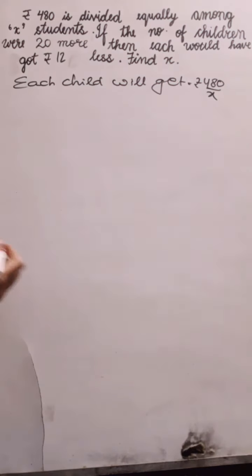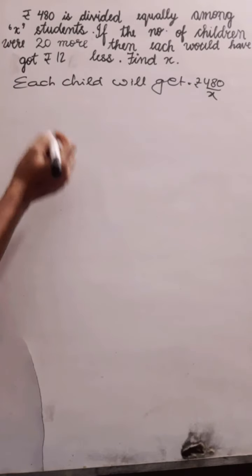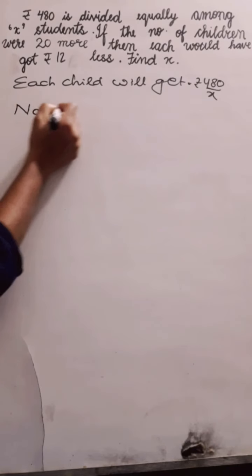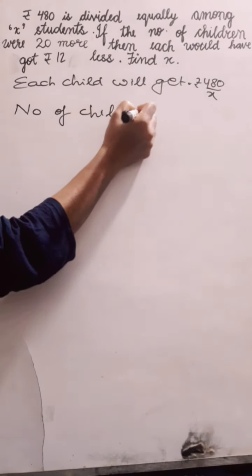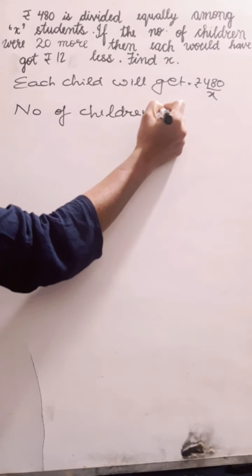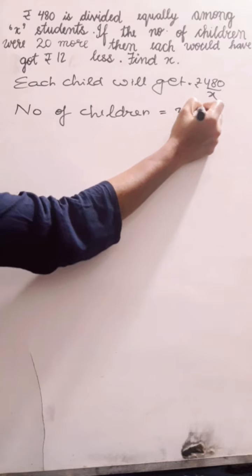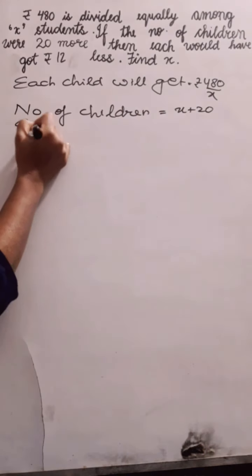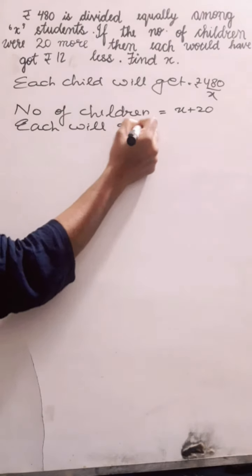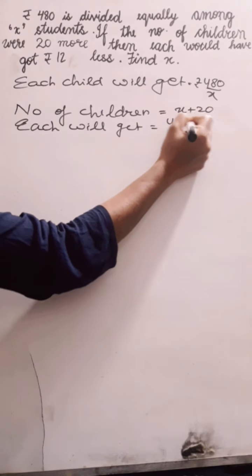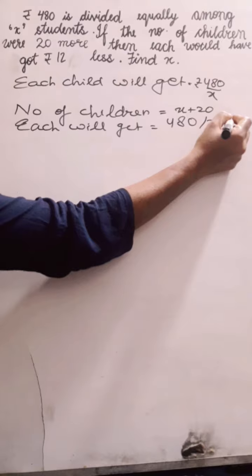Now it is saying if the number of children are 20 more, then each would have got rupees 12. If the number of children are 20 more, means now the number of children are x plus 20. So each will get 480 over x plus 20.